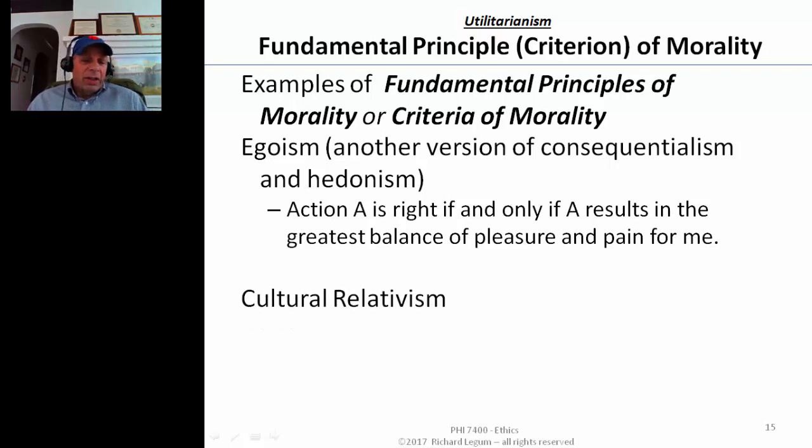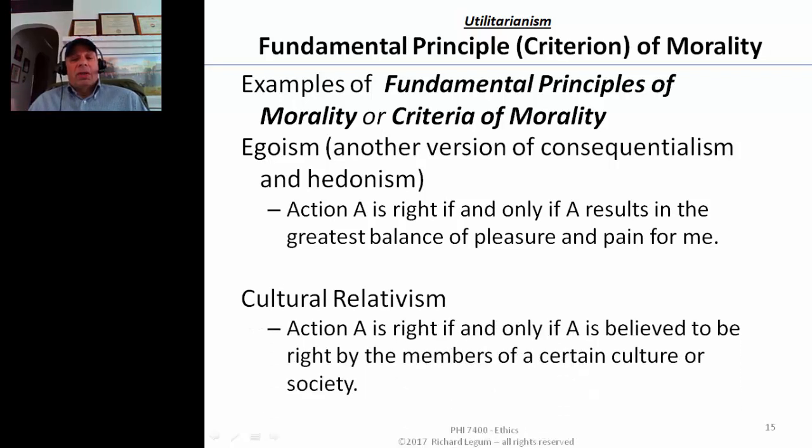Let's consider another theory, cultural relativism. We talked about this earlier when we briefly talked about relativism, but according to this theory, an action is right if and only if the action is believed to be right or deemed to be right by the members of a certain culture or society.